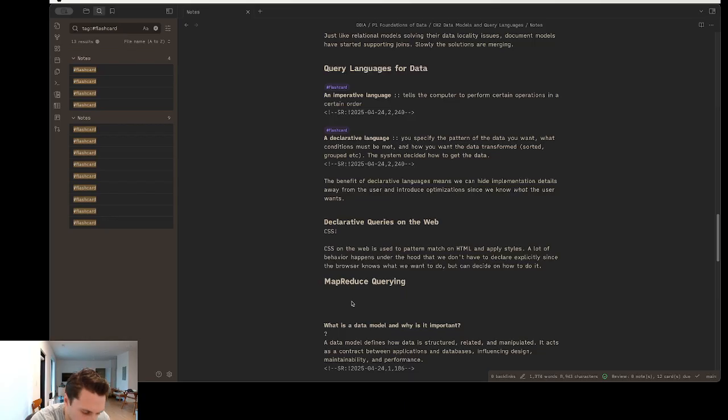To be honest, I don't know what to write for this. So what did it talk about, right? MapReduce is a programming model. MapReduce.